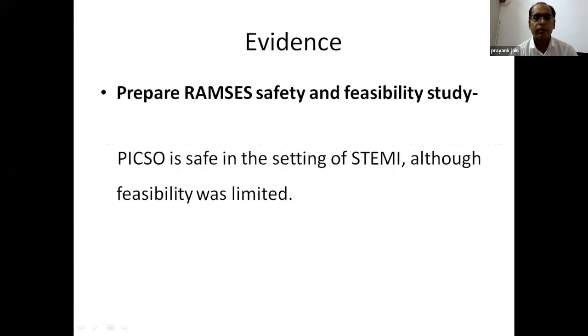Now there is a study which assessed the safety and feasibility of PIXO. The purpose of this study, the RAMSES study, was only to assess the safety and feasibility. No major adverse cardiovascular events related to PIXO as such were observed in this study. They found that PIXO is safe in the setting of ST elevation MI, although feasibility was limited because of limited operator expertise.